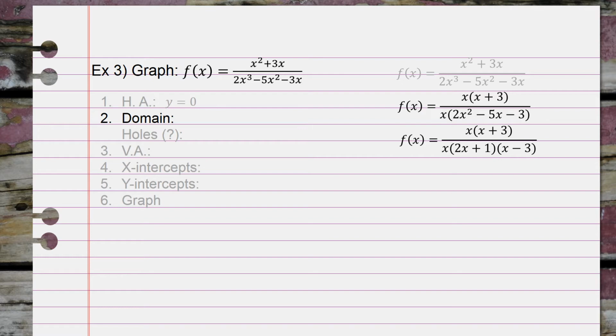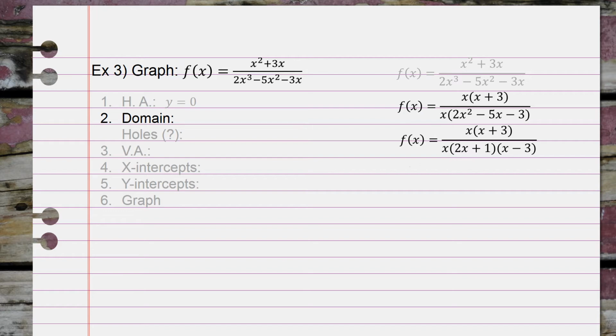Now that we've got everything completely factored, we focus on the denominator. In this case, we have 3 separate pieces that are all in the denominator. We have an x, a 2x plus 1, and an x minus 3. So we set each of those pieces equal to 0 and solve.